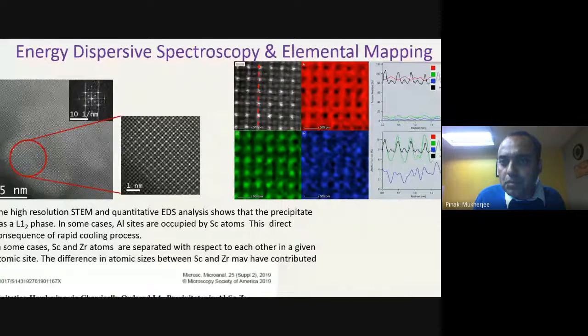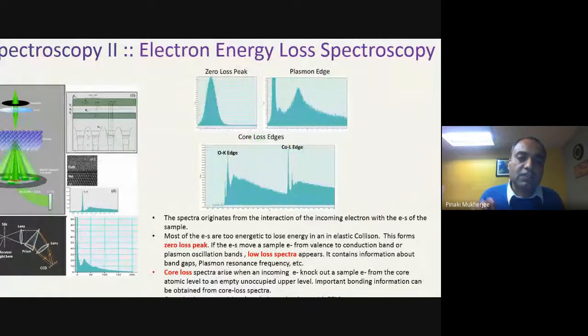So we did X-ray mapping from this area, and I have shown that that is indeed the case: scandium atoms at the corners, and an aluminum atom at the center. This work was published in Microscopy and Microanalysis in 2019, so that's one thing.